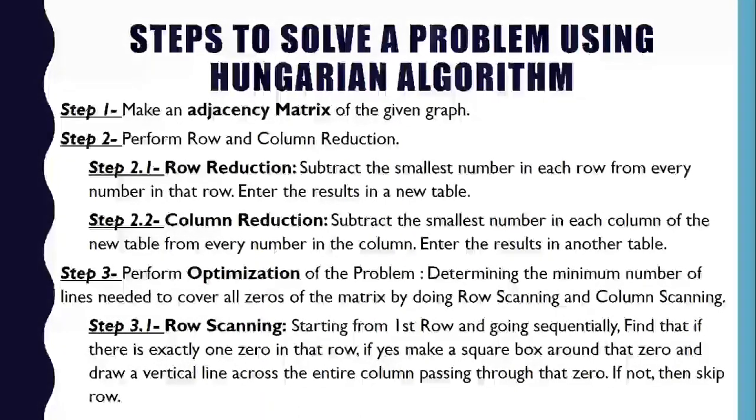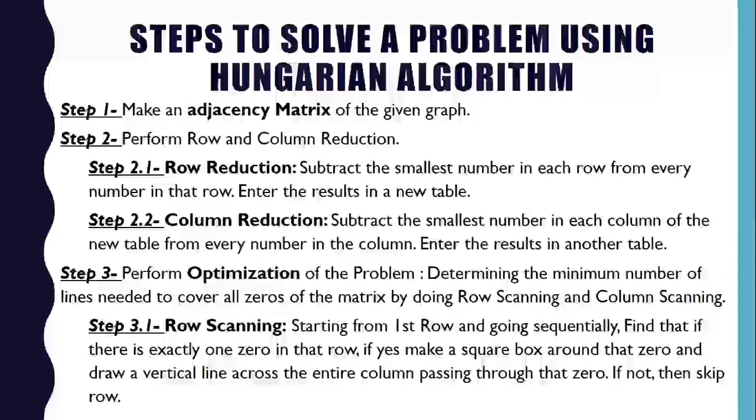The graph given here is the bipartite graph. The bipartite graph, as read earlier, was one such graph where no two edges share a start and end point. After forming this adjacency matrix, we perform row and column reduction. That is step 2.1, which is row reduction.